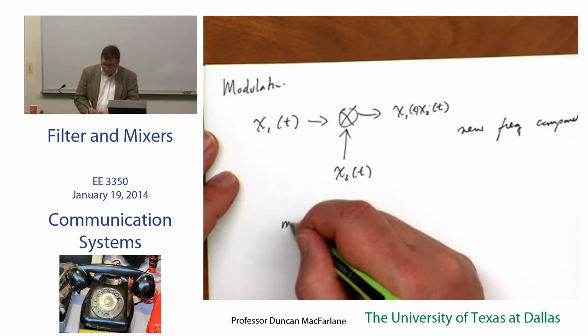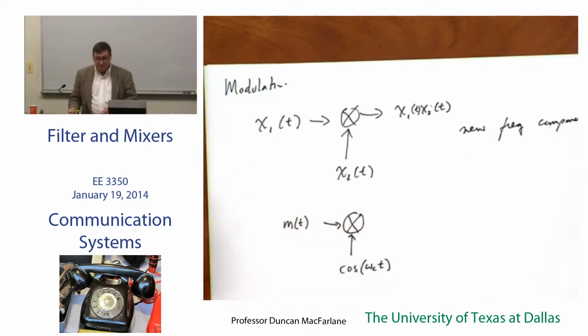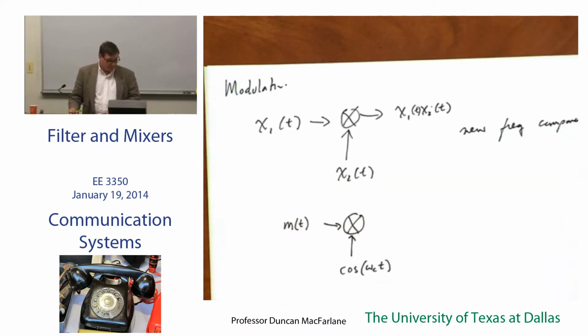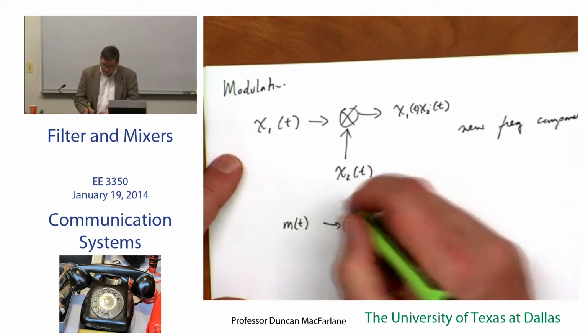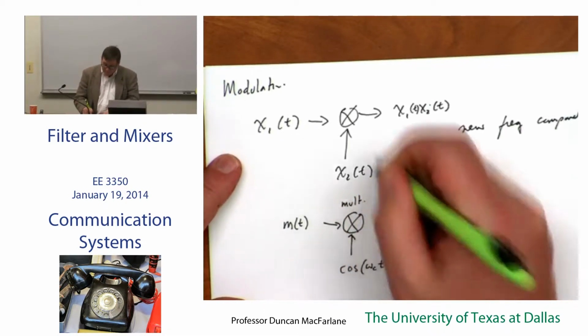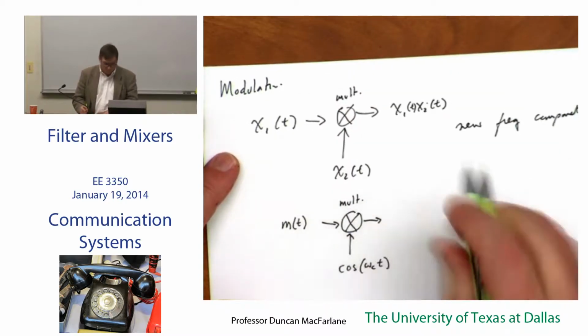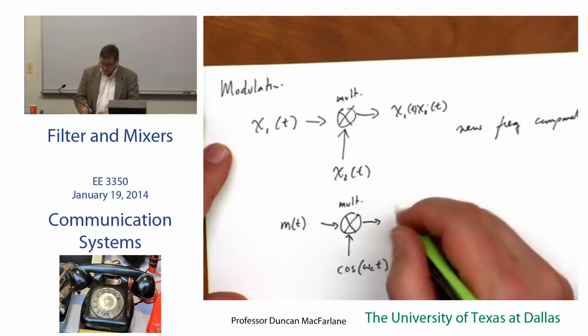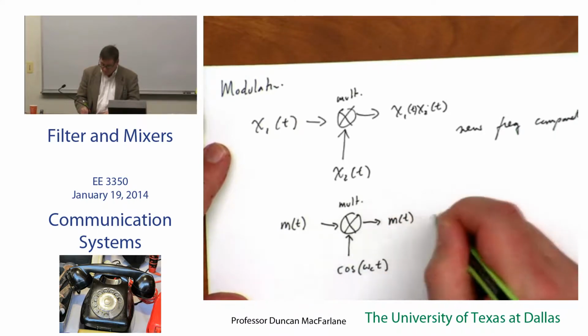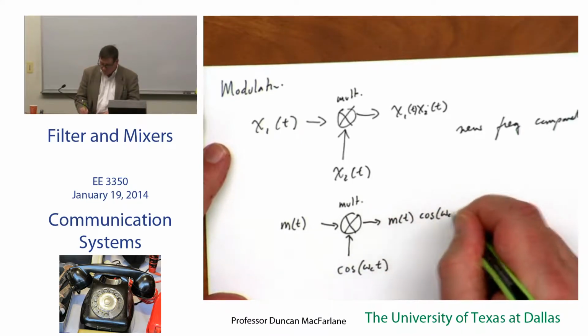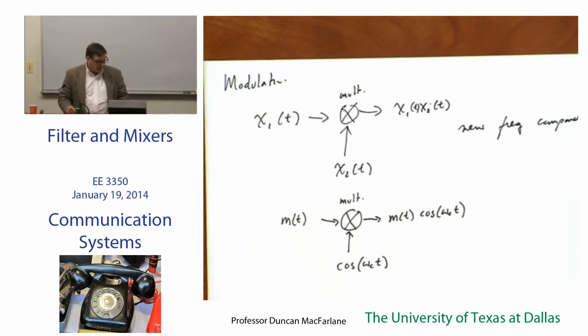And we generally have our message signal here. Okay? And then we multiply. And we get an m(t) cosine(omega_c t) floating out that way.